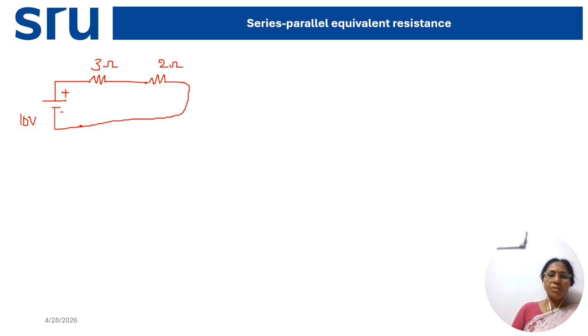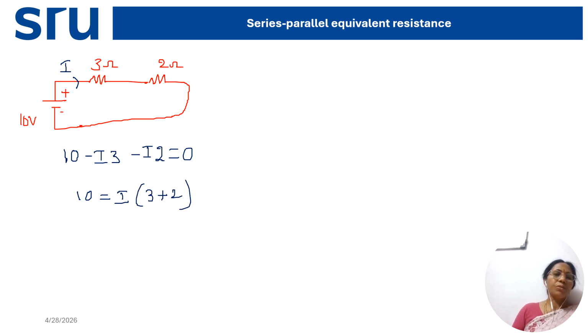They are in series. Now here I am applying KVL. This is the total source voltage 10, minus the voltage across 3 ohm, I into 3, and minus the voltage across 2 ohm, I into 2, equals 0. Then 10 equals I into (3 plus 2).